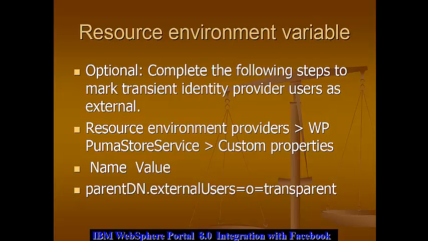Now let's see what the next step is. Whether this is an optional step, we need to add some parameters to the Puma resource variable. Let's see how to add these variables in the application server.